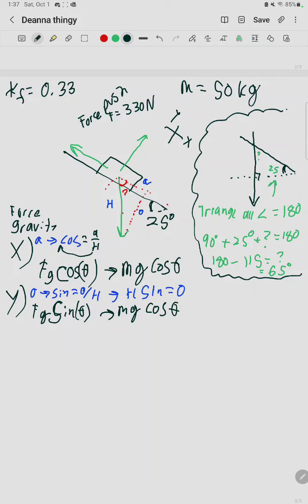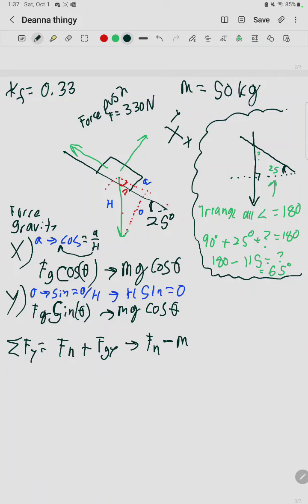First we're going to need to find the normal force to find the friction. So we'll start with the y. So sigma F of y is normal force plus force of gravity on the y, which is negative. So then that's going to become normal force minus mg cosine.